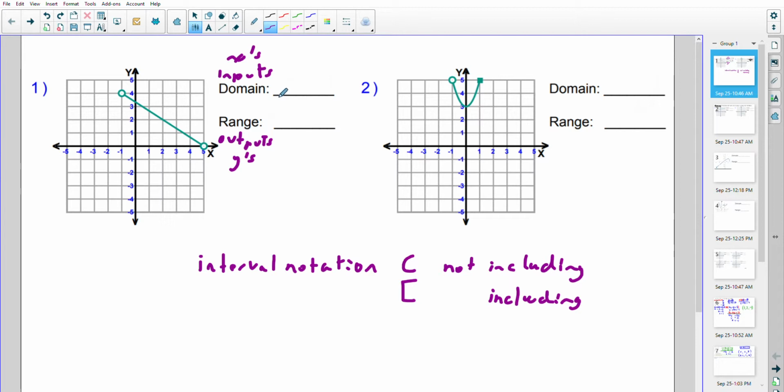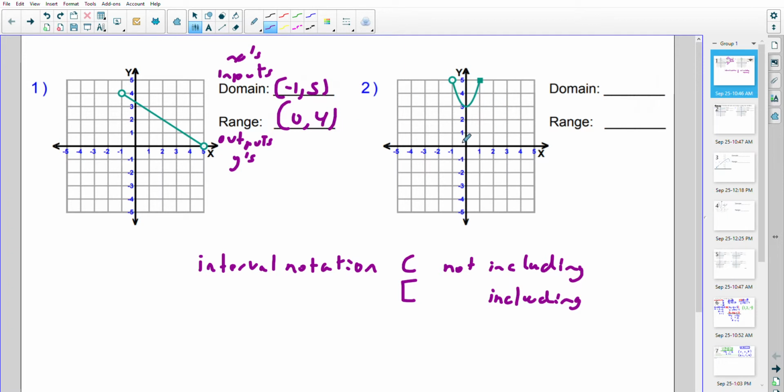So on this first problem, -1 is not included, so I would use a parenthesis. Parenthesis means not included, bracket means included. So going from -1, not including -1, to 5, because 5 is not included either. And then your y's are going to go from 0 to 4, not including them. So I'm using parentheses.